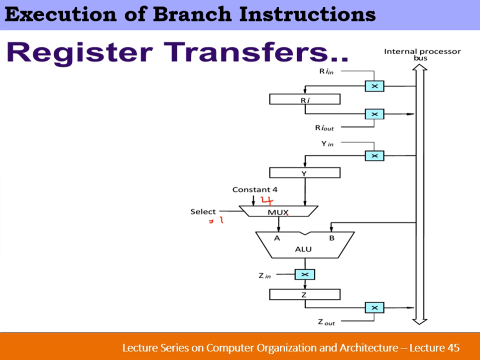This gives a value 4 for operand A, and this internal bus carries the value of the program counter, so operand B has the value PC. So 4 plus PC becomes PC plus 4. This PC plus 4 can be stored in the Z register by enabling the Z in control signal equal to 1.